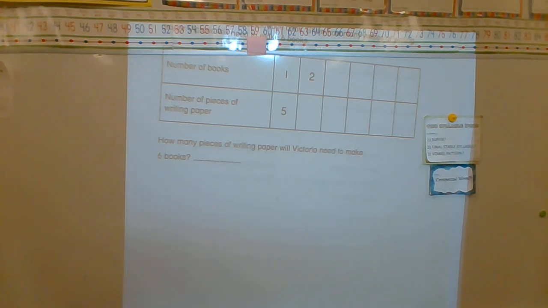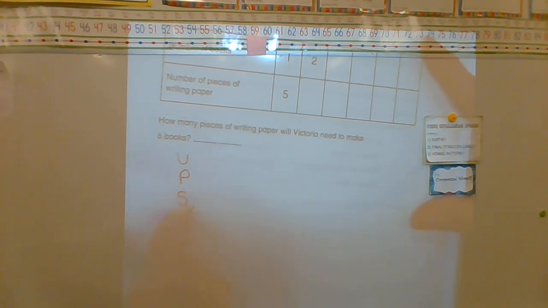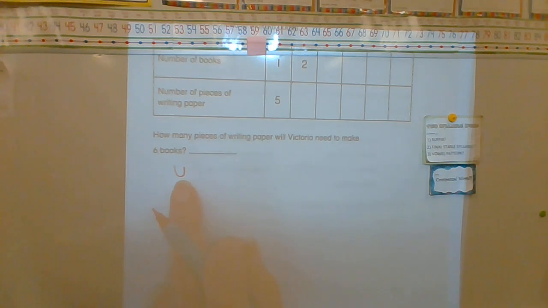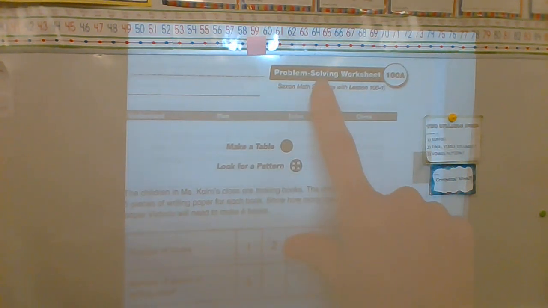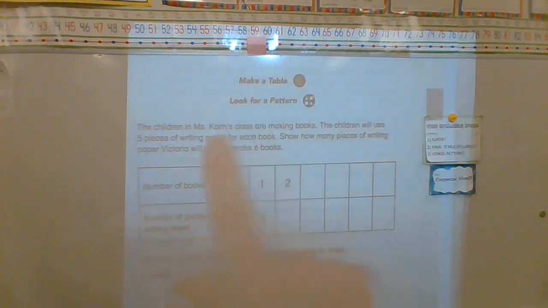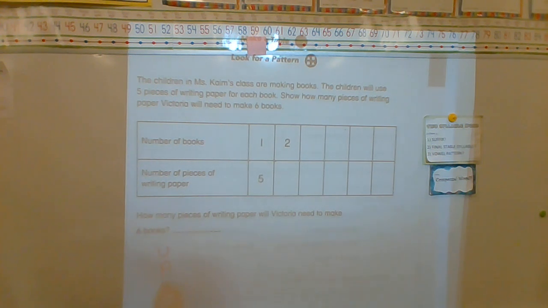Now, remember what that means to us in class. UPS check. U is for understand. So the first thing we need to do when we're trying to solve a problem is we need to understand. So we read for understanding. Remember the P, do you remember what that's for?